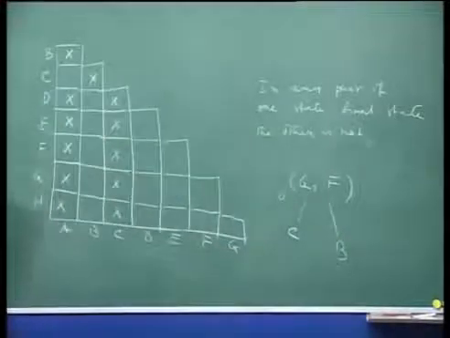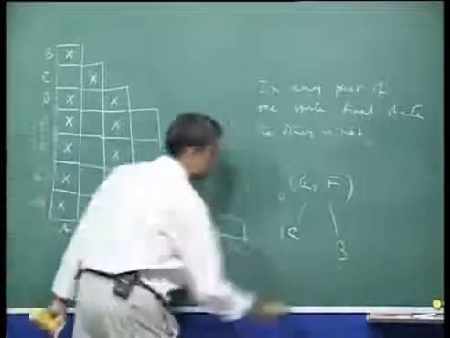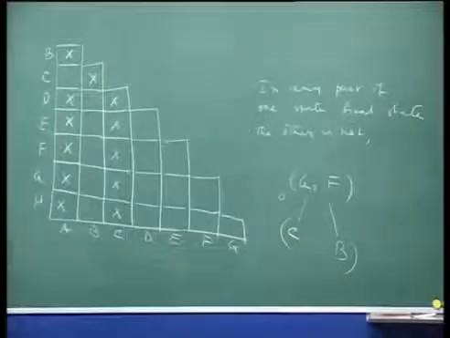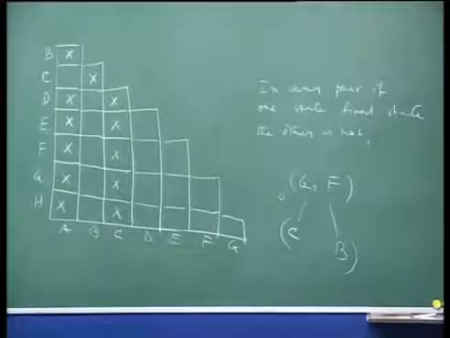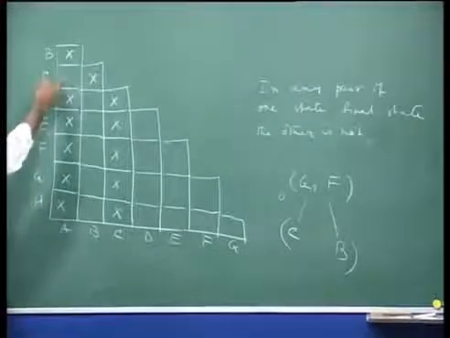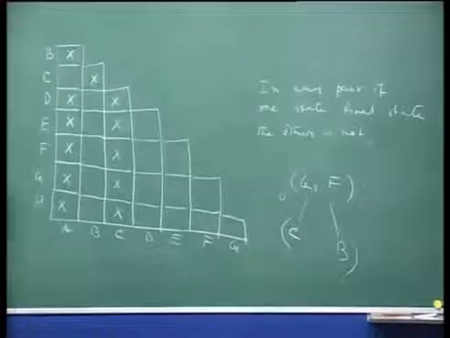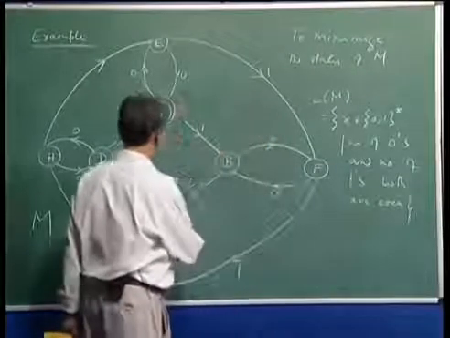Now, remember that this pair CB was already found distinguishable in the initialization phase. Why? Because C was a final state and B was not.